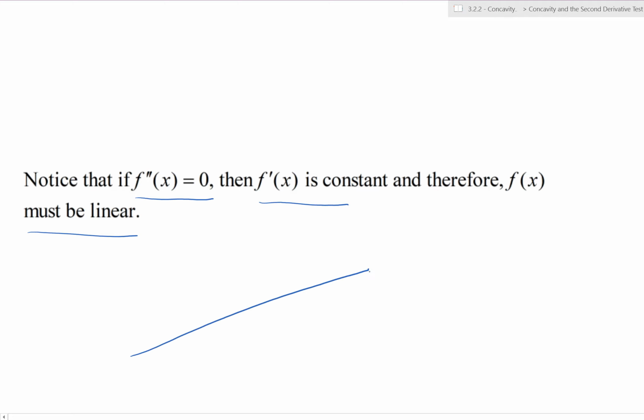So you just have a line. And when you have a line, the second derivative is equal to 0 since it does not have any curviness to it, if you will. It's linear, the slope is constant, and the slope never changes. Therefore, its second derivative is 0.